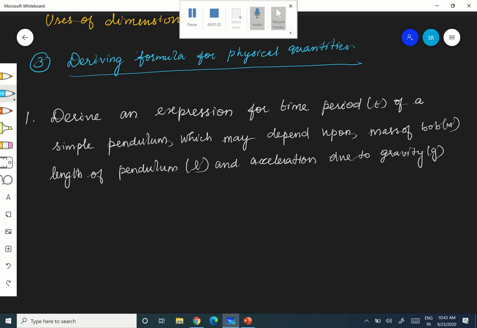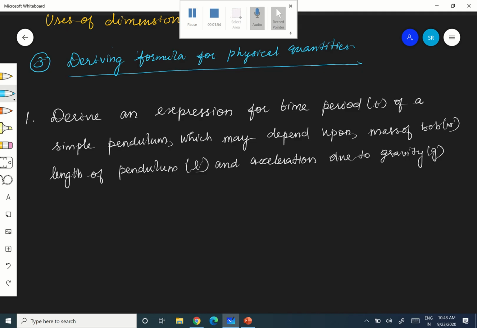So, derive the expression for the time period of the simple pendulum which may depend on three factors: the mass of the bob, length of the pendulum, and acceleration due to gravity. Use the method of dimension analysis. Derive the expression by using the method of dimension only here.